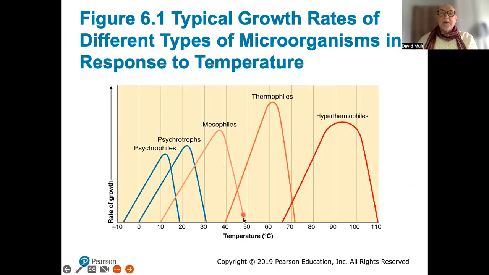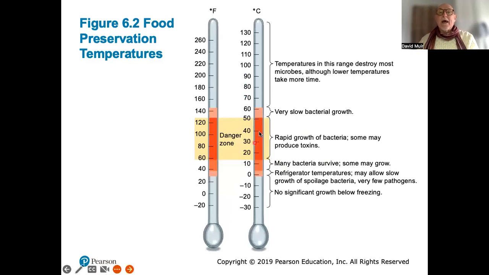But in some of them, it may continue even higher than that. And if you have organisms which are slightly thermophilic, it may continue even higher than that. Around about 50 degrees Celsius is about the upper limit for most mesophiles and most pathogens that we would encounter.